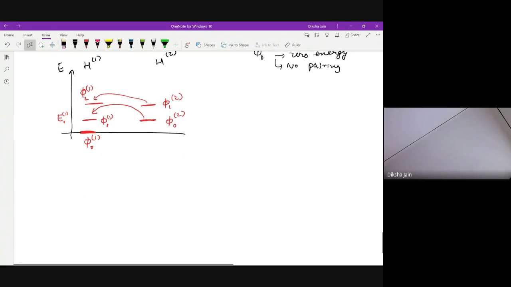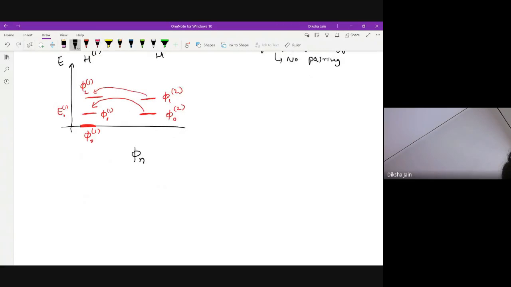Okay. So what I have shown is that phi n of 2 can be related to A times phi n plus 1 of 1. So this phi 1 of 1 here, for example, can be written as A. Sorry, what have I written?